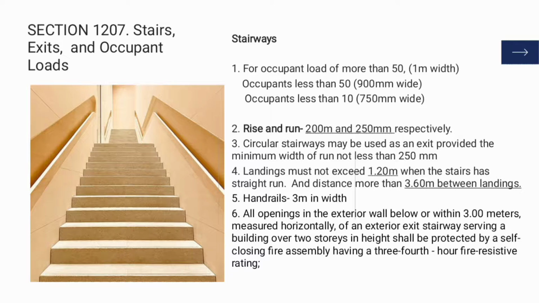And next is the handrails. So the handrails should be 3 meters in width, and all openings in the exterior wall below or within 3 meters measured horizontally of an exterior exit stairway serving a building over 2 stories in height shall be protected by a self-closing fire assembly having a 3/4 hour fire resistive rating.